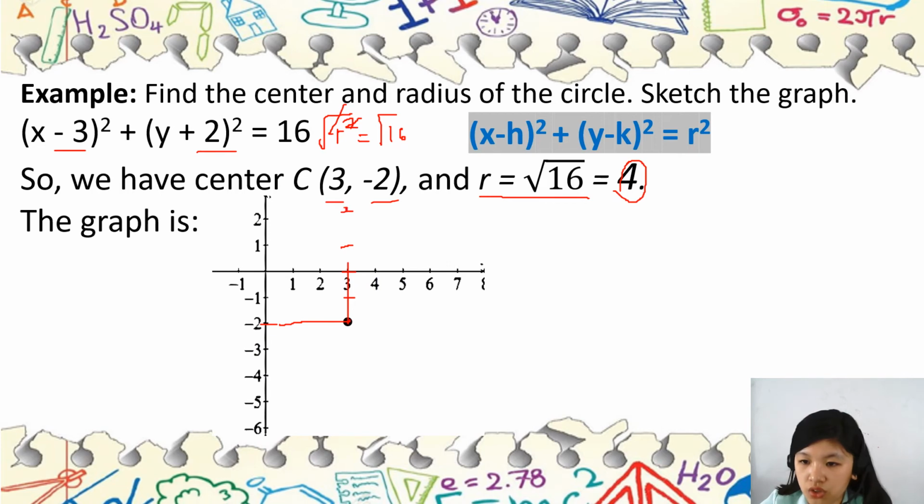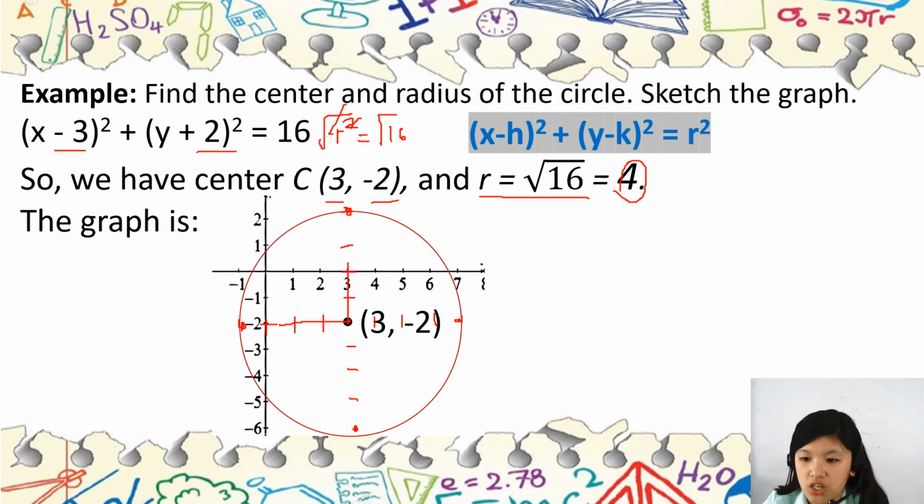So here is our point. Then down 4: 1, 2, 3, 4. Here is another. Then left: 1, 2, 3, 4. And right: 1, 2, 3, 4. When we form our circle, here it is.